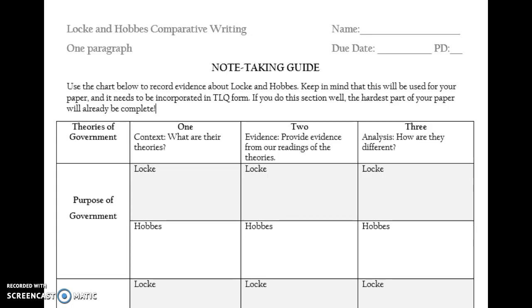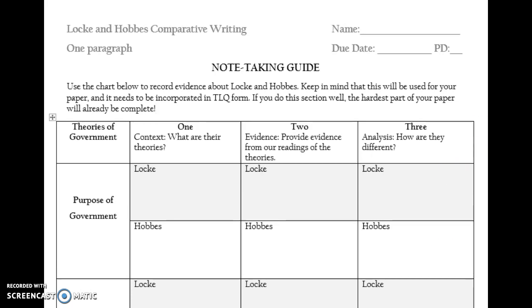Keep in mind that this will be used for your paper, and it needs to be incorporated in TLQ form. We are largely going to be comparing the differences between the two rather than contrasting and looking at similarities.